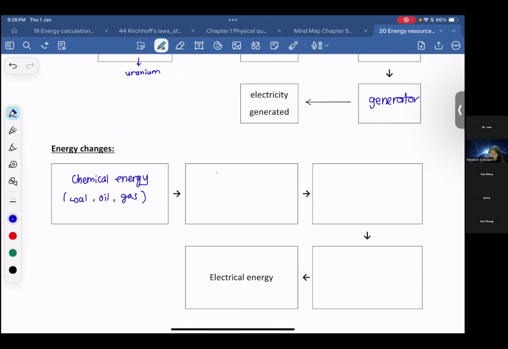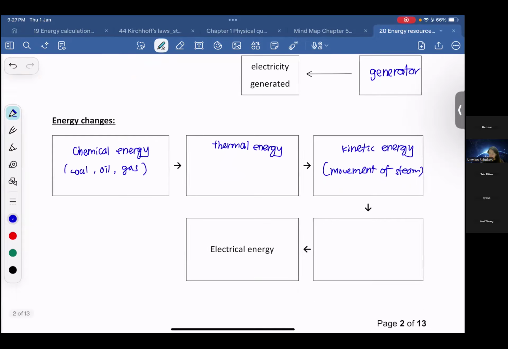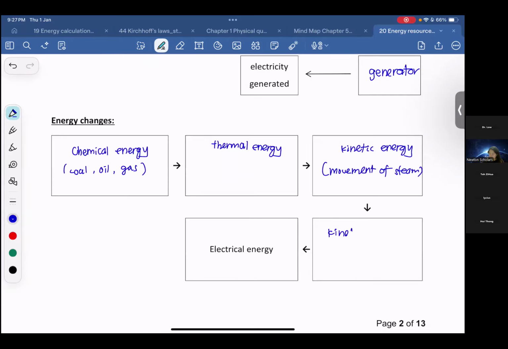Then after that, we produce thermal energy. Then after that, we get kinetic energy. Kinetic energy is the movement of the steam. The steam is moved. Then it triggers the turbine and generator, so it's also kinetic energy.